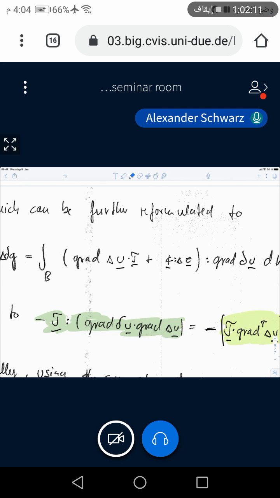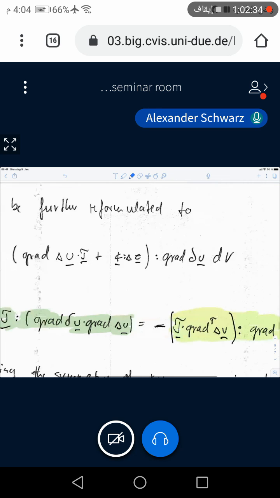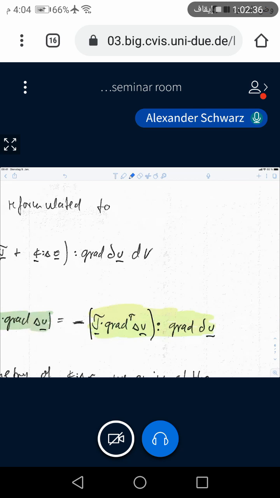That means we take the gradient on the right side and put it on the other side. Then we end up with this formula: on the right side of the scalar product, the gradient of the variation of u stands alone, and on the other side we have a tensor product, with the gradient of the increment of u, but now transposed.